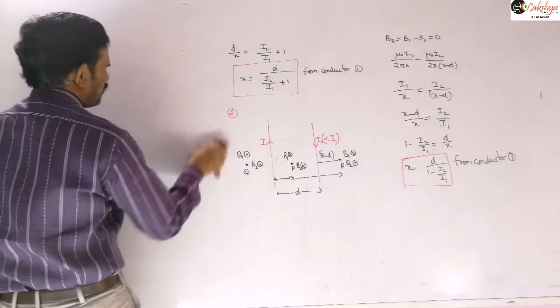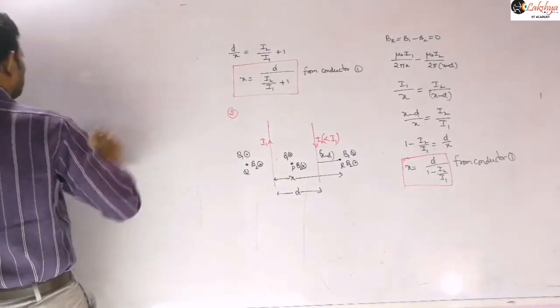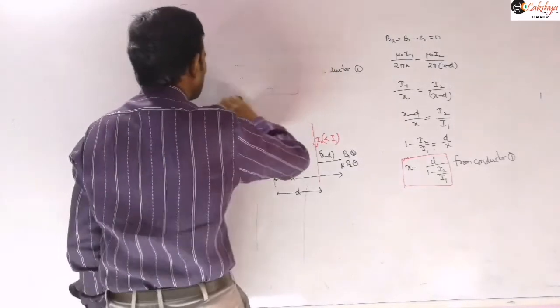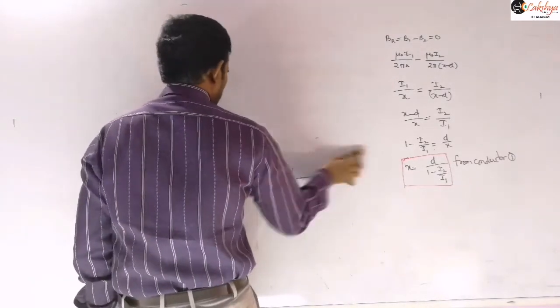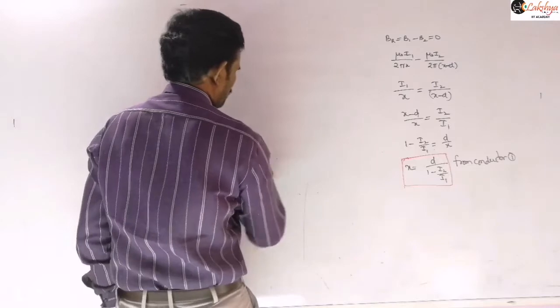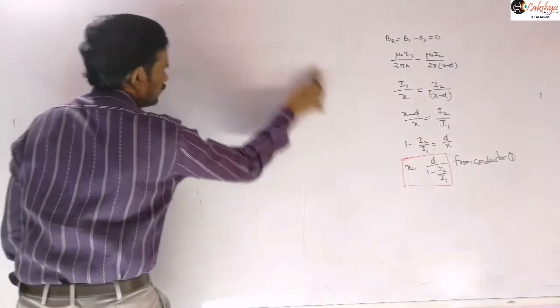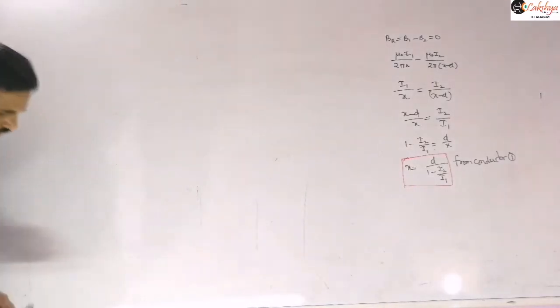Then let us think about the neutral point when a single conductor is placed in that field. Mention that as an X point.